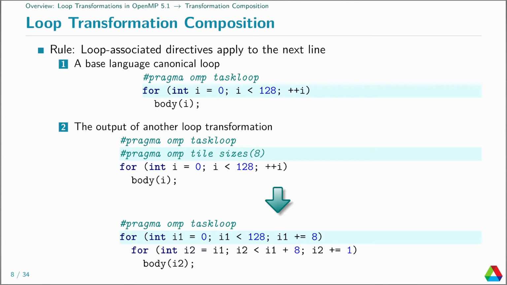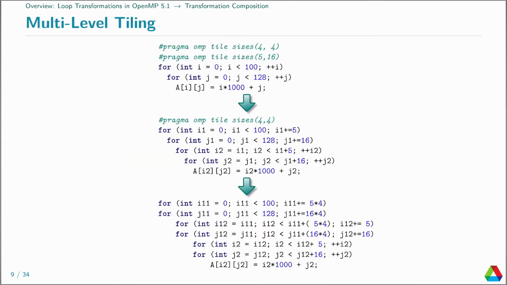A taskloop without a collapse clause is associated with only one loop, such that it would only generate tasks for the iterations of the outermost loop and contain the innermost loop. This is similar to what the grainsize clause would do. Combining two tile directives allows optimizing for multiple levels of the cache hierarchy.